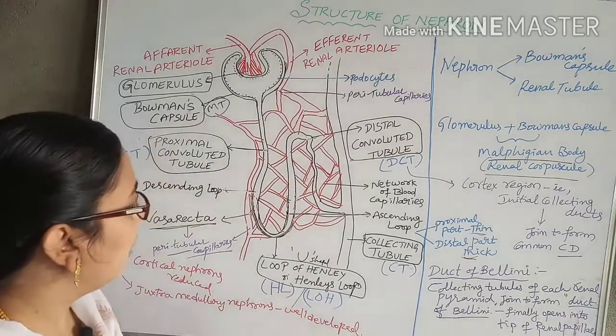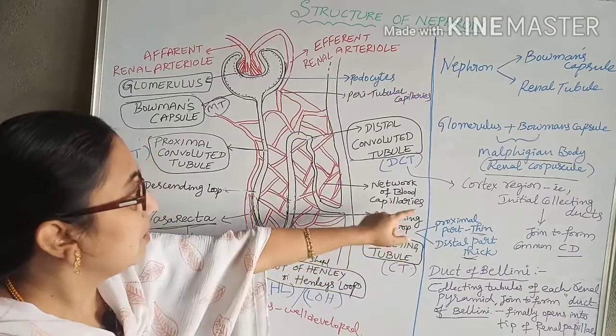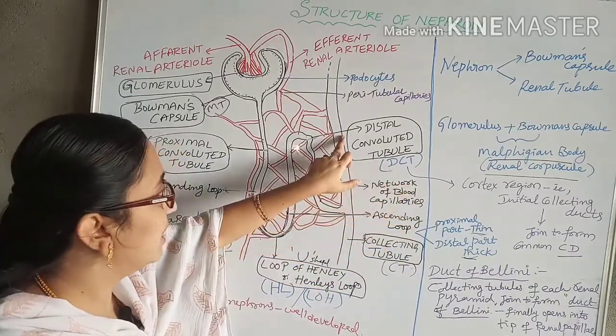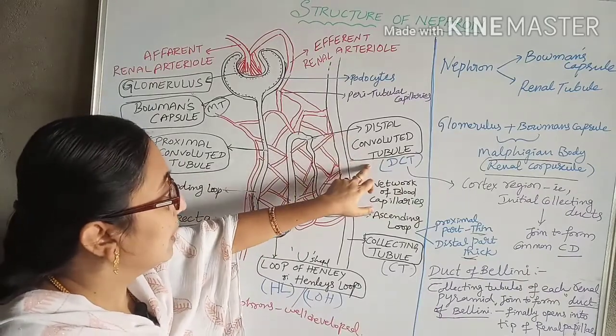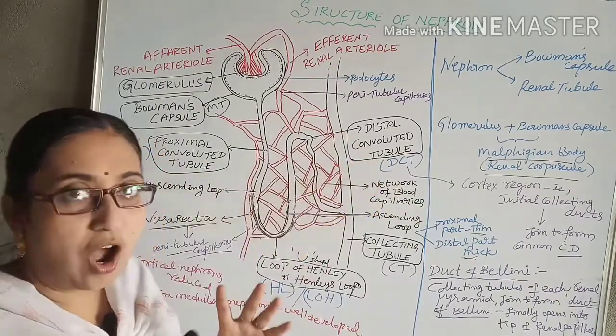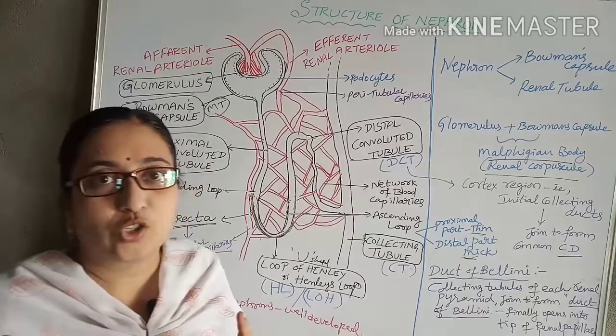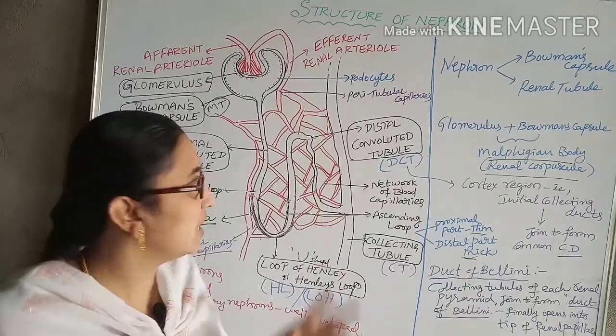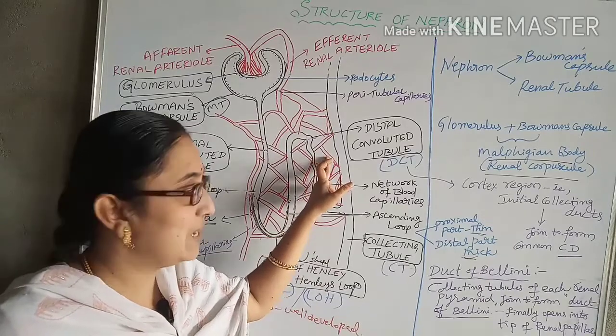Okay, here you see at the distal convoluted tubule, almost all the salts or ions and almost all the water will get reabsorbed into the blood through these capillaries.